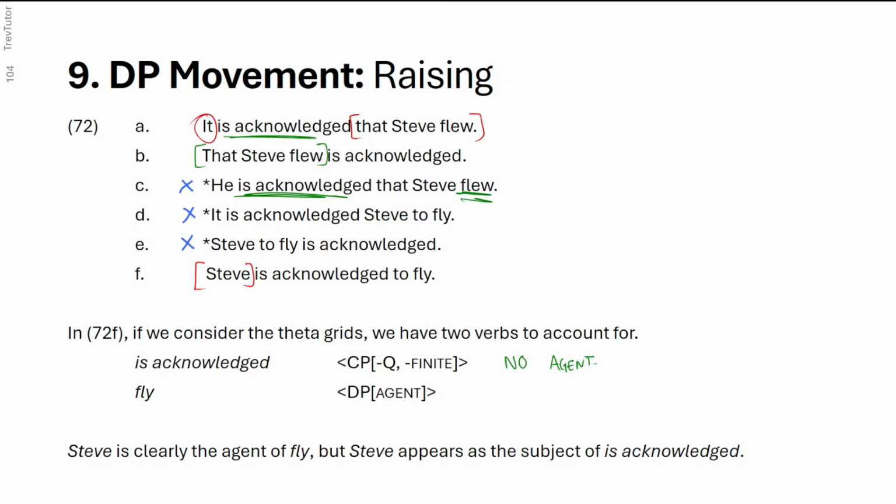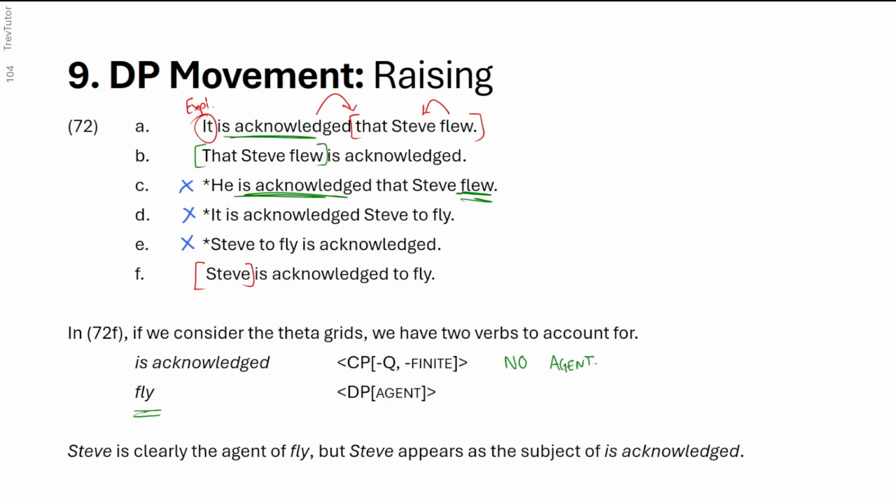So what is assigning an agent? Well, fly is assigning an agent. That's the one doing the assignment. So flew is going to assign an agent role to Steve, and is acknowledged is going to assign a proposition with certain features to the complementizer phrase, but it, because it has no case, is an expletive here.